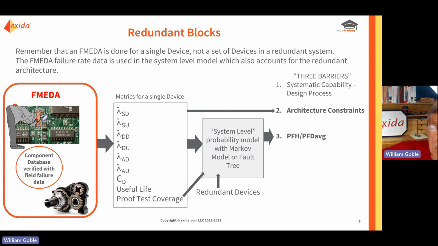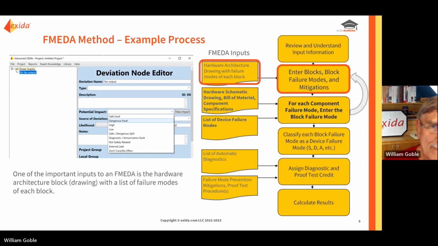Then we use those metrics in a systems level probability model with a Markov or a fault tree. Markov if it's an online repairable system, and fault tree if it's not, are my preferences. And the process goes pretty smoothly.